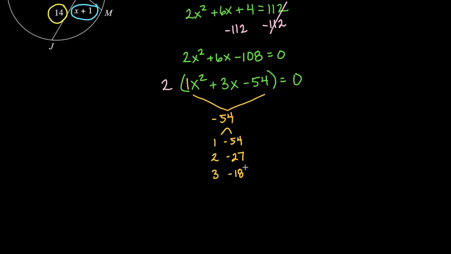But let's try 4. 54 divided by 4 is a decimal. Well, let me just use my brain. 3, 4, 5 doesn't go in there. 6 times 9, right? 6 times 9 is 54. And 6 minus 9 is negative 3. So I need a negative 6 and positive 9 to give me a positive 3.